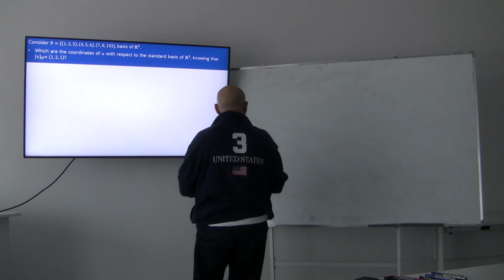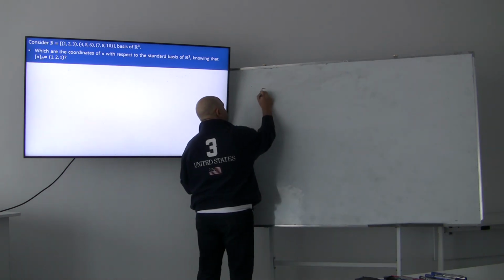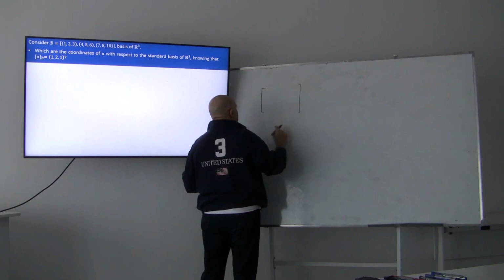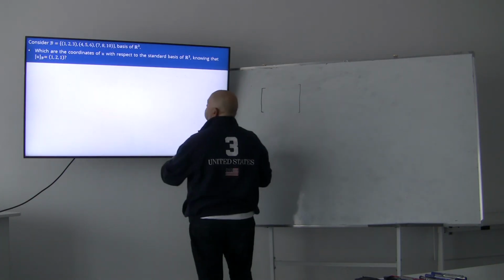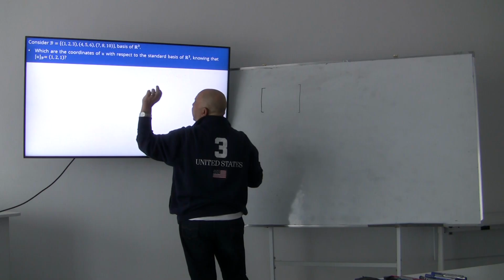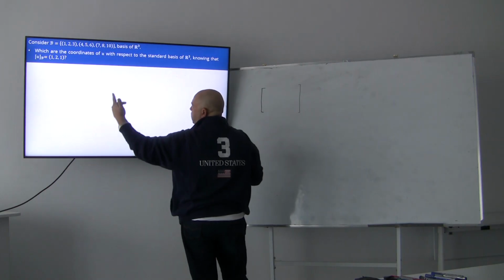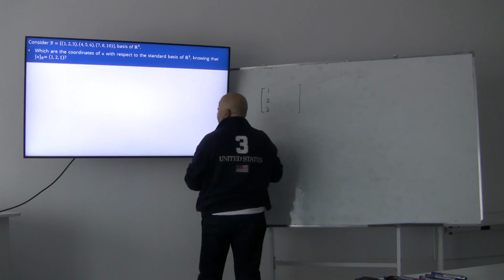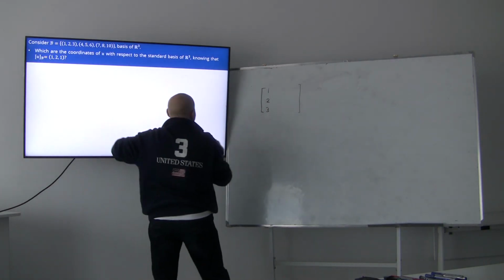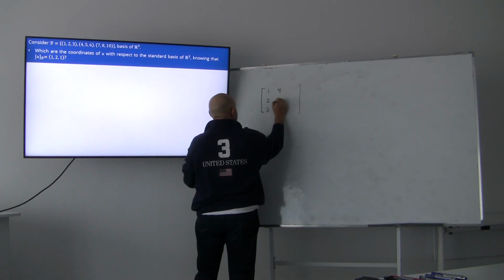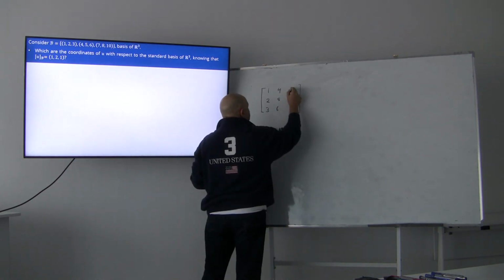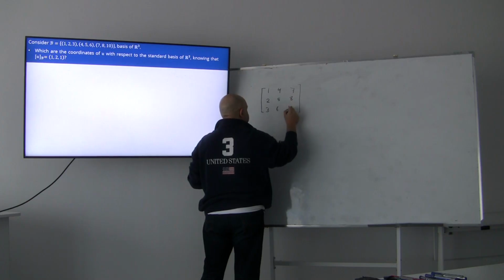All I have to do is to get the A matrix, which is simply formed from the columns of the vector space. So it's simply 1, 2, and 3 for the first vector, 4, 5, and 6 for the second vector, 7, 8, and 10 for the last vector.